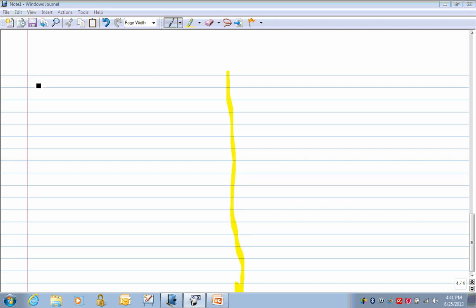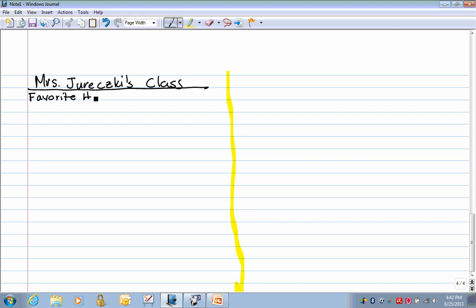So our first class that we are going to survey is Mrs. Jareski's class. And we are making our chart, and it is going to have favorite hobby.